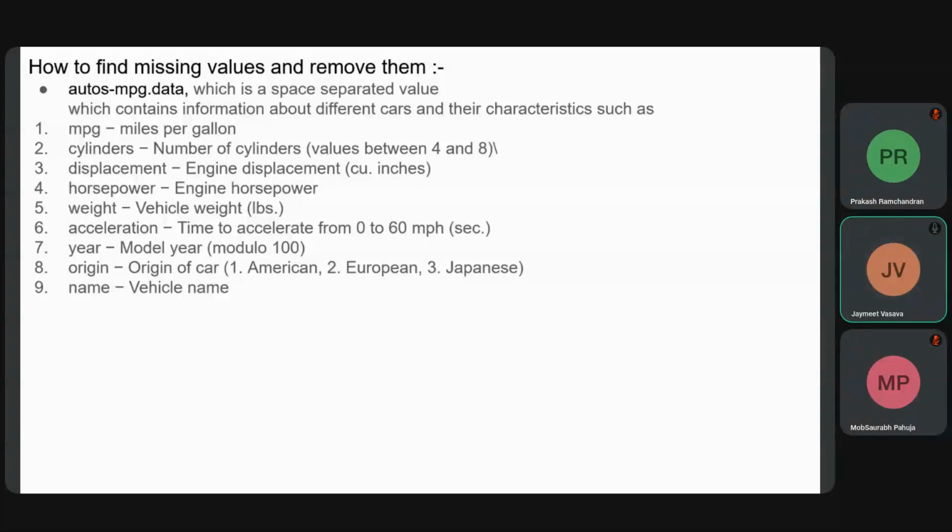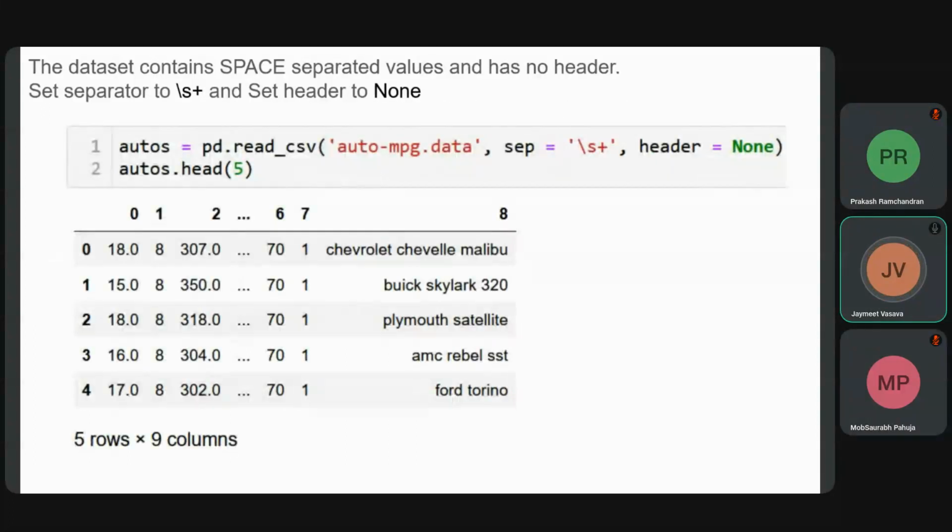Now, this data set is space-separated. So when we read the data using pandas, we have read_csv, and along with that, we'll be giving a separator argument, where \s denotes a single space and the plus denotes that there can be additional spaces, which should be included as well.